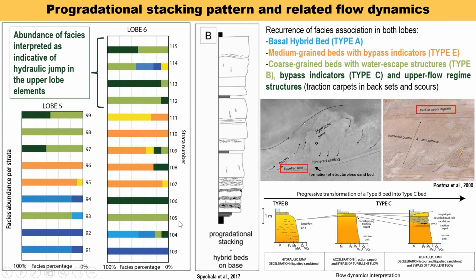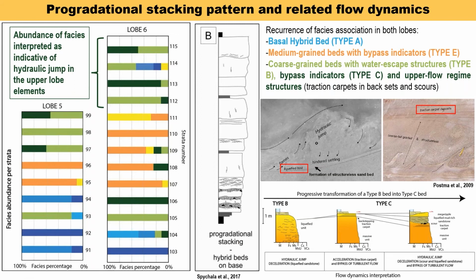In particular, they are composed of basal hybrid beds, followed by medium-grained beds, while the upper portion of the lobe is prevalently composed of coarse-grained beds with water escape structures, bypass indicators, and, as we have seen in bed 97, upper flow regime structures.